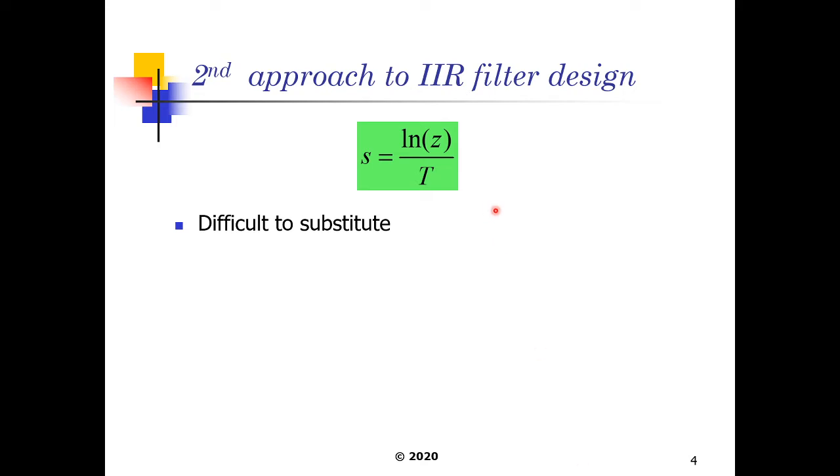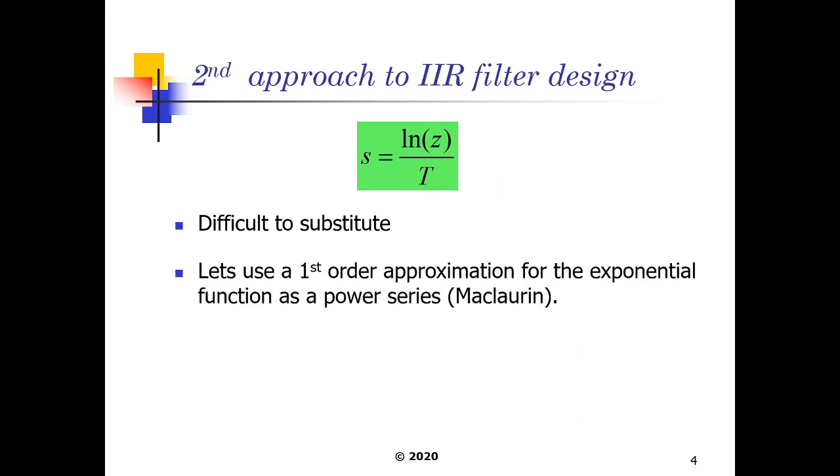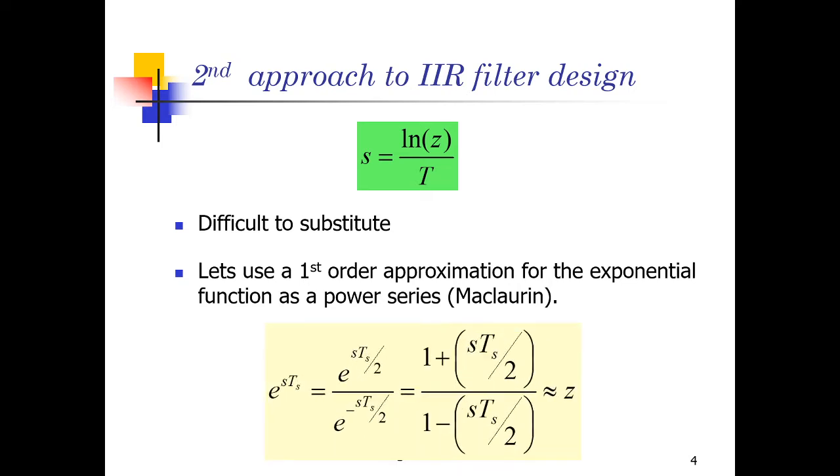What we're going to do here is use a first order approximation for the exponential function using the Maclaurin expansion. Basically, we can say that e to the sT can be equal to this form here, and then this form here as well, which is approximately equal to z.